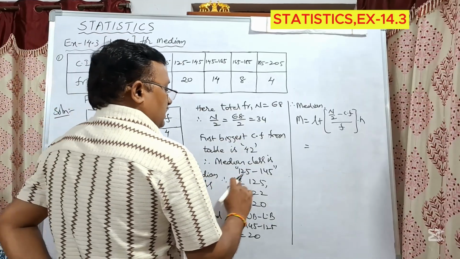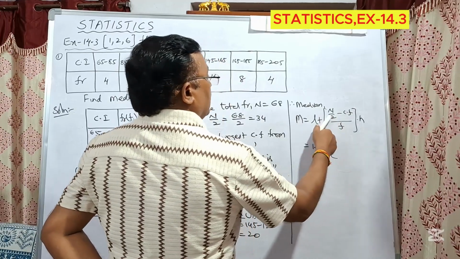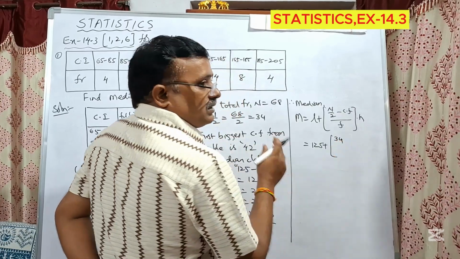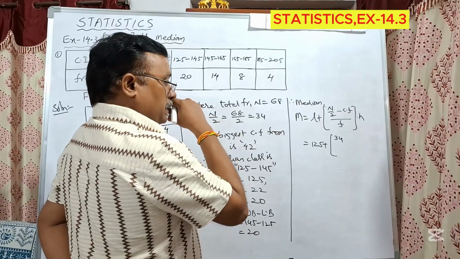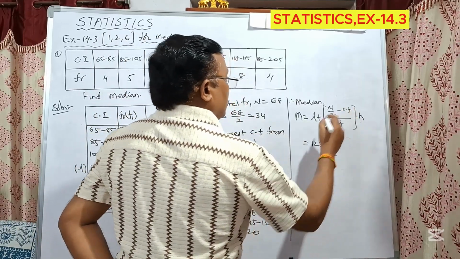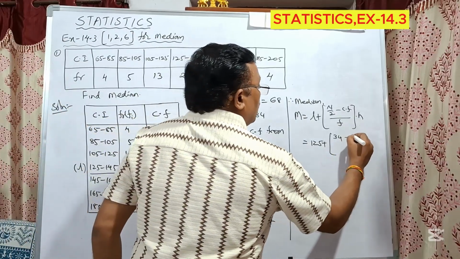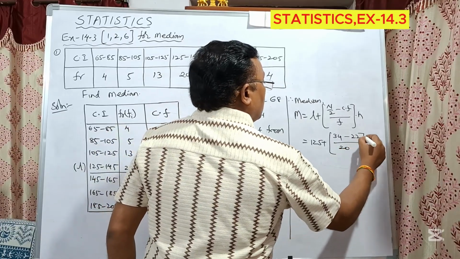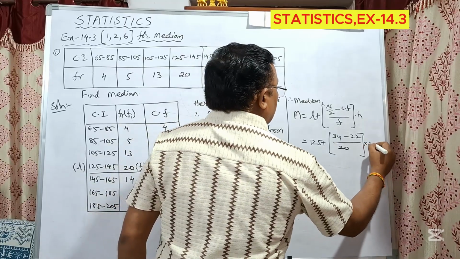L value is 125 plus n by 2, already calculated as 34, the most important critical value for us in the whole problem, minus CF, the cumulative frequency of the preceding class, 22, by f value 20, into h value 20.